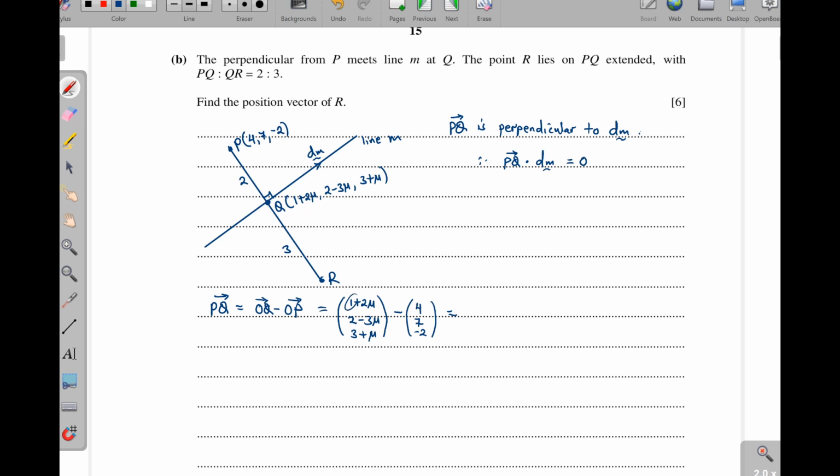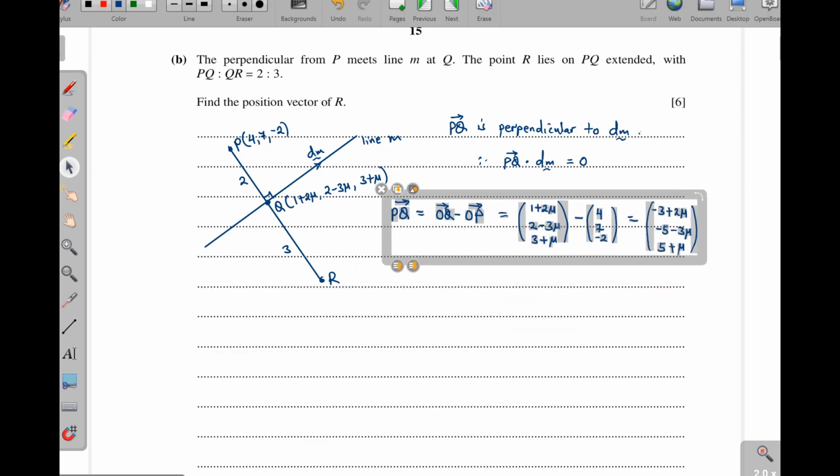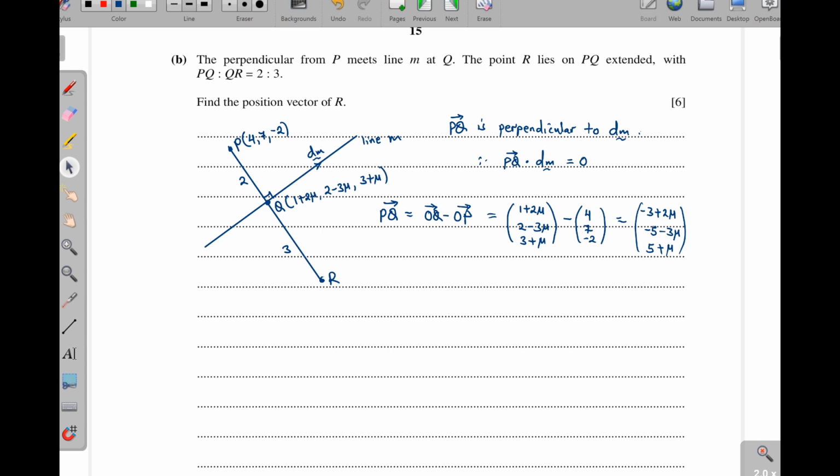And then we shall have 1 minus 4, that will be a negative 3. So we get negative 3 plus 2 mu. Then 2 minus 7 is another negative 5. So negative 5 minus 3 mu. And then 3 minus negative 2, that one becomes a positive 5. Then plus the mu. Okay?